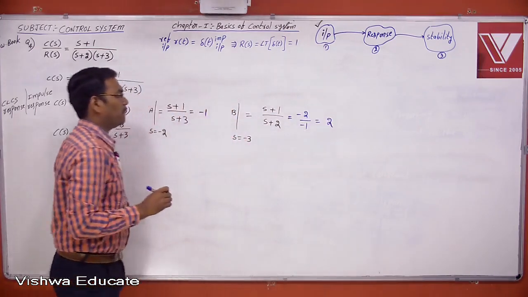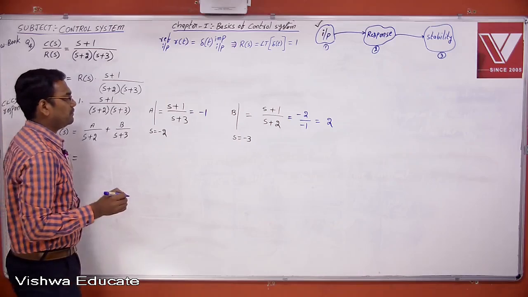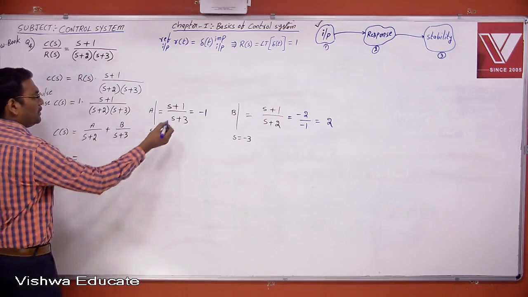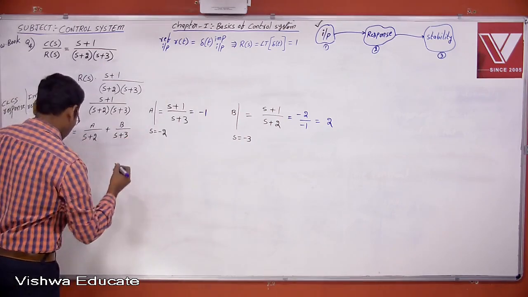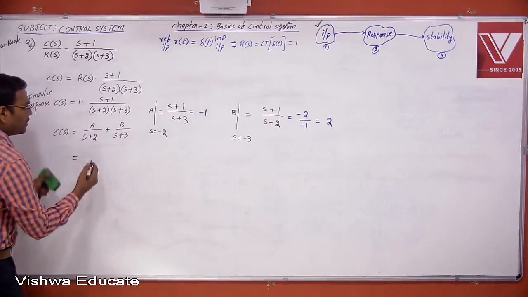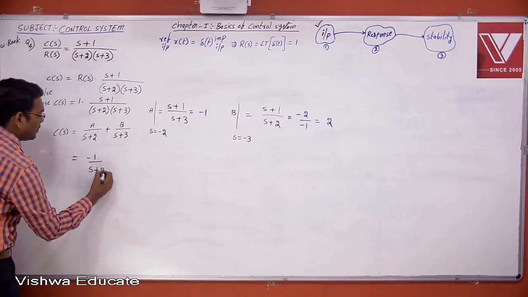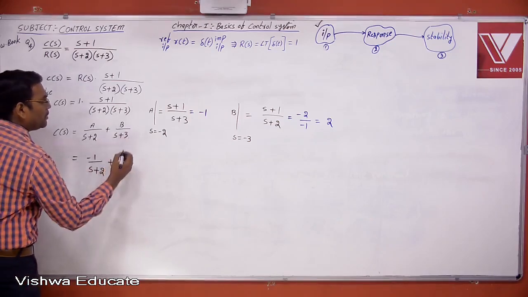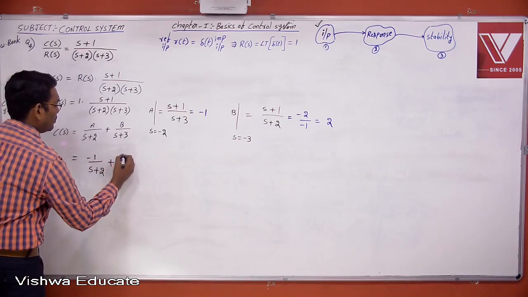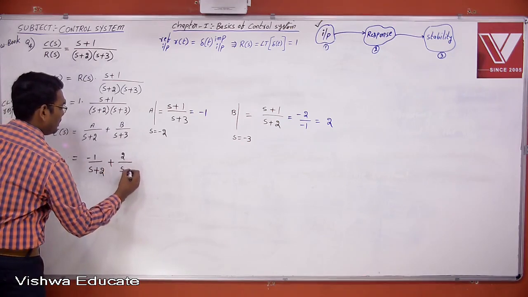Now here A equal to minus 1, B equal to 2. Substitute here: C of s equals minus 1 by s plus 2 plus 2 by s plus 3.